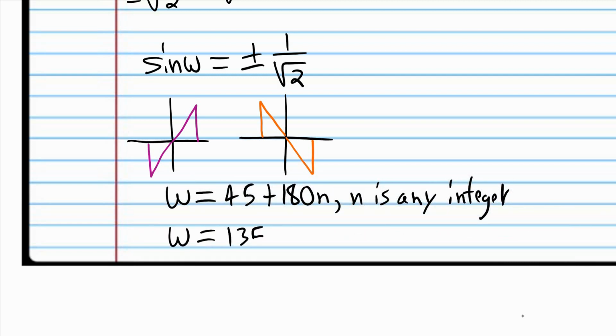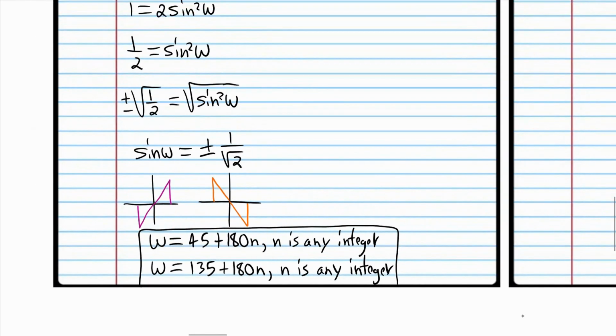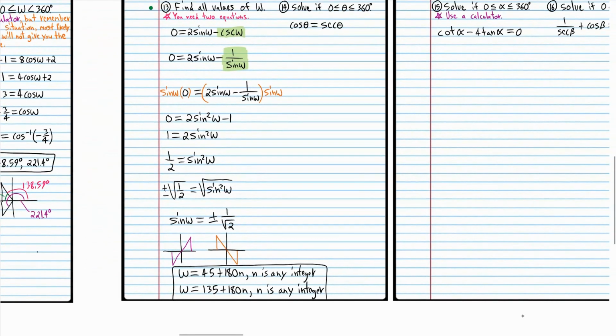We're going to start in the second quadrant and add multiples of 180. So again, if you wrote 4 equations, that's fine. But I would prefer that you write it in this way, because this is how you're going to see it in textbooks. But if you got 45 plus 360n and 135 plus 360n and 225 plus 360n and 315 plus 360n, then that's correct. So good job.